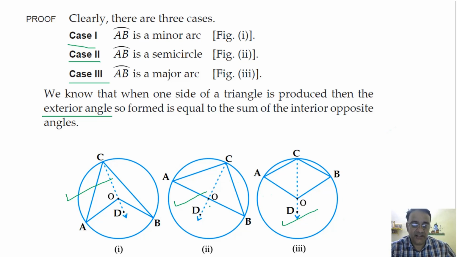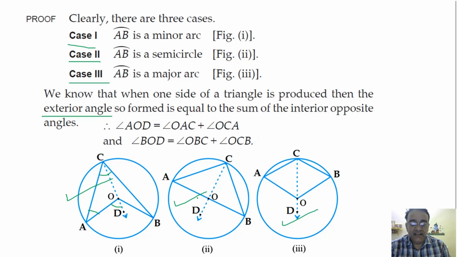So see, this angle is equal to sum of these two angles. Angle AOD is equal to angle OAC plus angle OCA, right? And angle BOD, the other one, angle BOD is equal to angle OBC plus angle OCB. These two are clear?